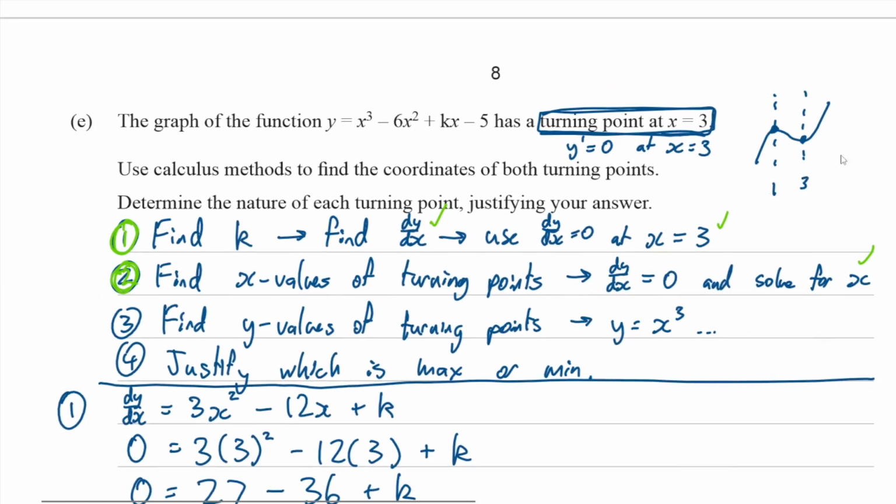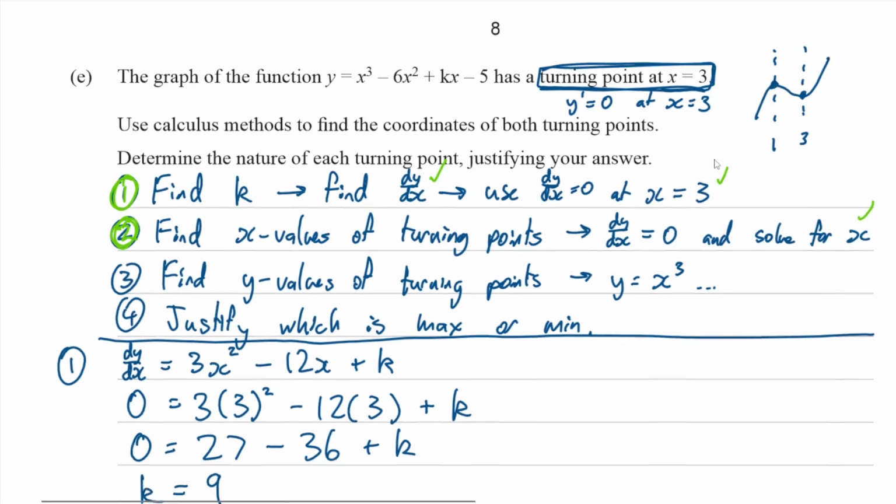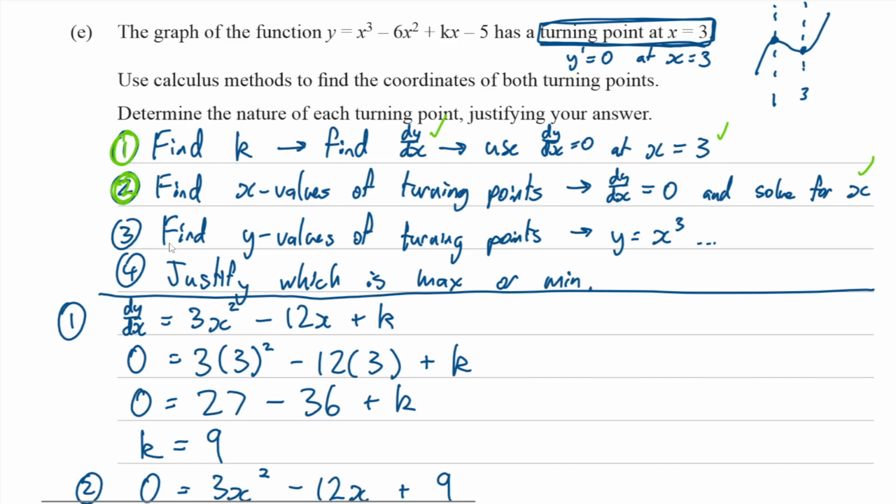Now, just actually looking at our sketch, since we know it's a positive cubic, we know that the turning point with a lower x value, in this case x equals 1, will actually correspond to the maximum, right? Just by the shape of the graph. Cool. Now part 3, find the y values.